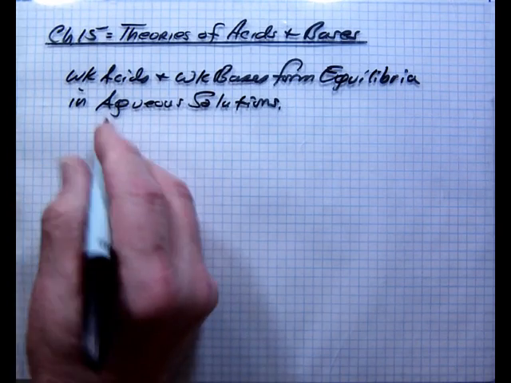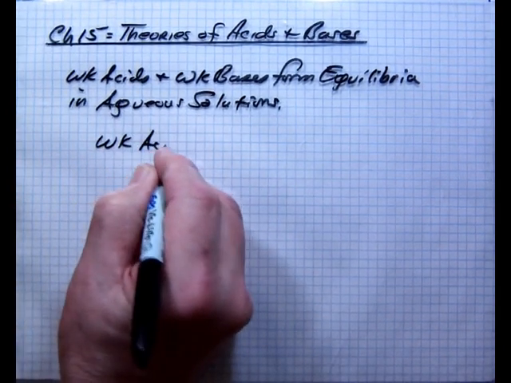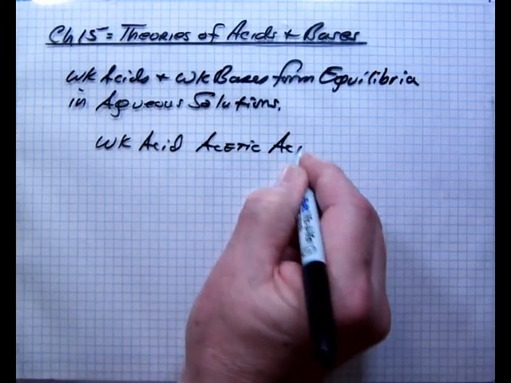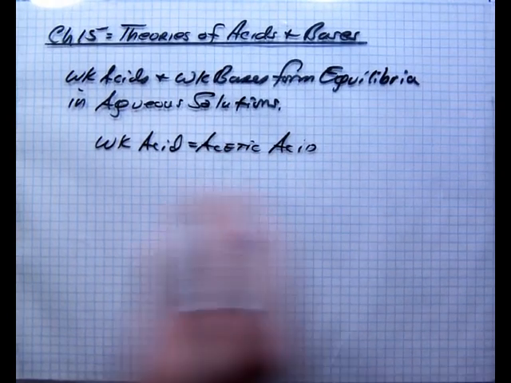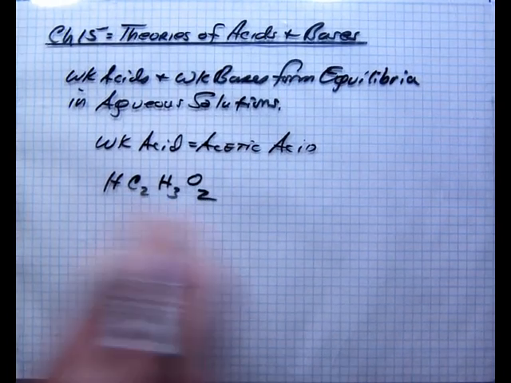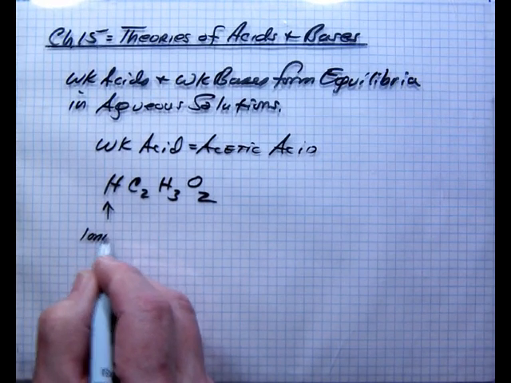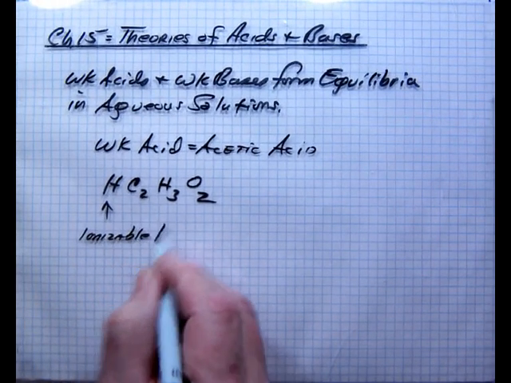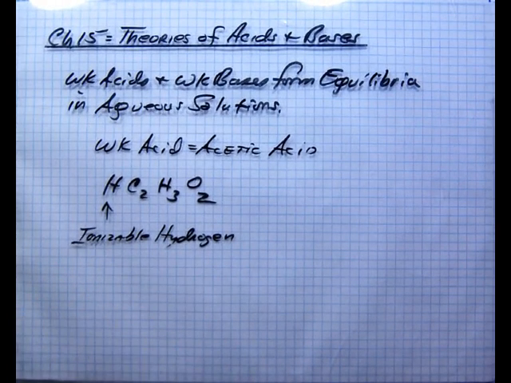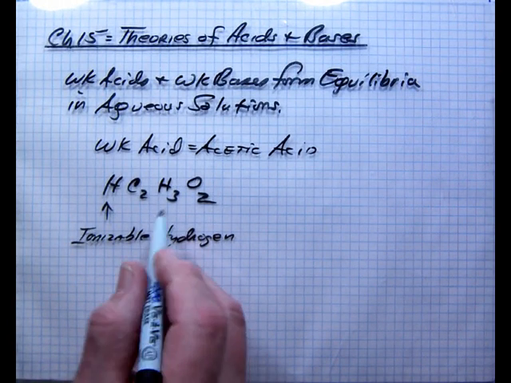We will see that a weak acid, acetic acid, will be something like HC2H3O2, which has in the front of it what we call an ionizable hydrogen, meaning that it will break away from the rest of the molecule when placed into water.